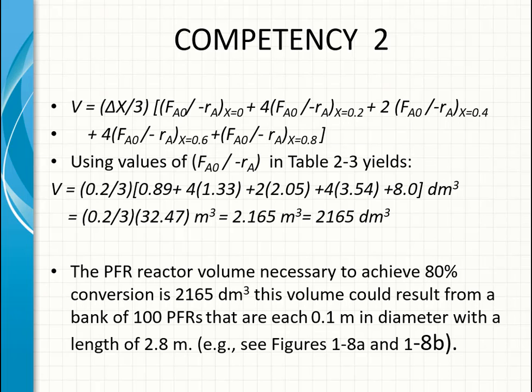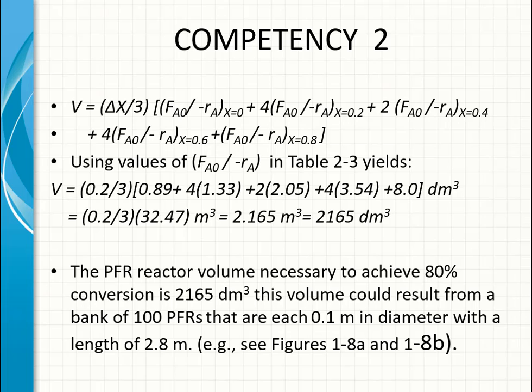If we use the values for FA0 divided by minus RA given in table 2.3, we will have that the volume will be 0.2 divided by 3 times 0.89 plus 4 times 1.33 plus 2 times 2.05 plus 4 times 3.54 plus 8.